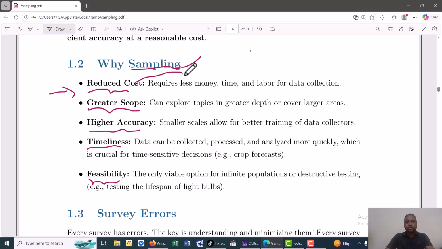This cost can be measured in terms of money, in terms of time, in terms of labor. Census is nothing but costly, in other words, and time consuming and even labor intensive for data collection. To the opposite of this one, if we consider sampling, we take the advantage of this reduced cost.